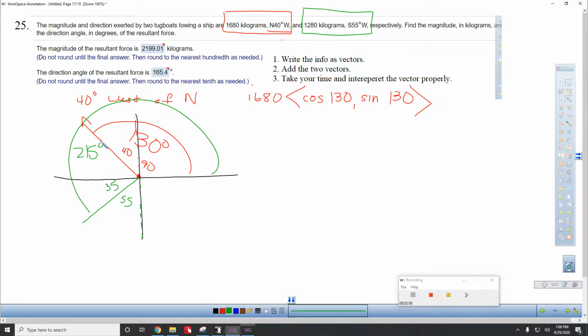So this one we will write as 1280 times cosine 215, sine 215. Now you might pause the video and check, did I interpret the angle right? Because that's what I was doing wrong in my previous example.